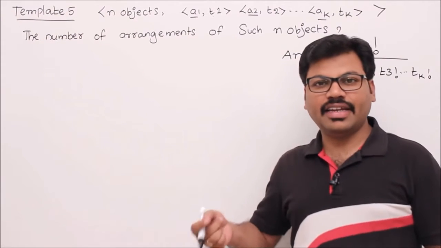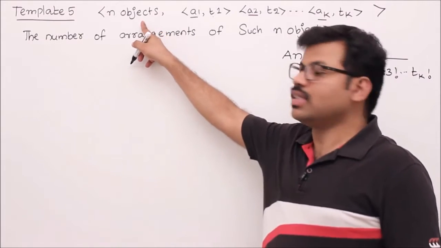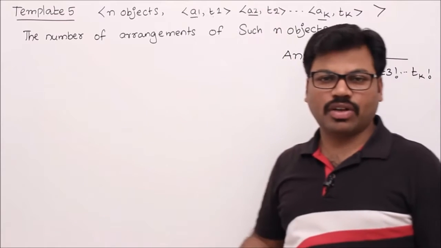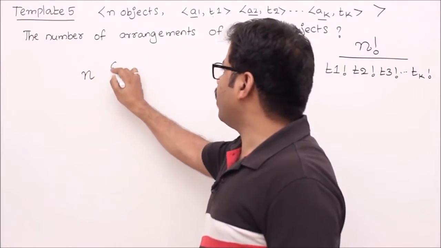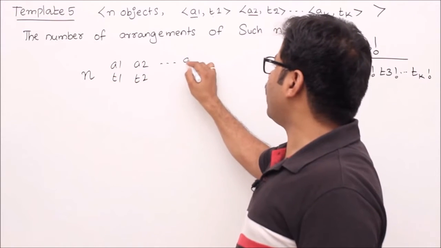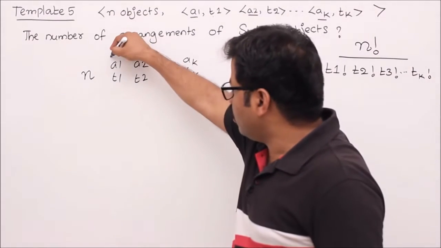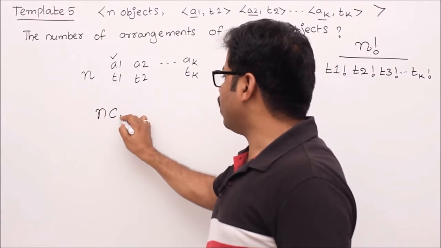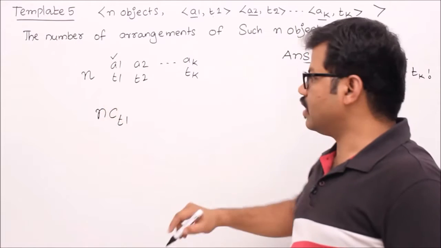Let's extend this idea to a bigger problem. What is the bigger problem? You have n objects and a1 is repeated t1 times and a2 is repeated t2 times, so on, isn't it? For that our model is n objects, a1 is repeated t1 times, a2 is repeated t2 times, so on, ak is repeated tk times. Then first select positions for object number 1. Then it will be nCt1. Since overall positions are n, out of them you select t1 positions.